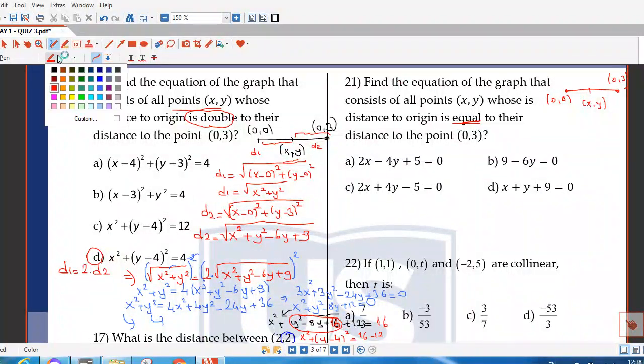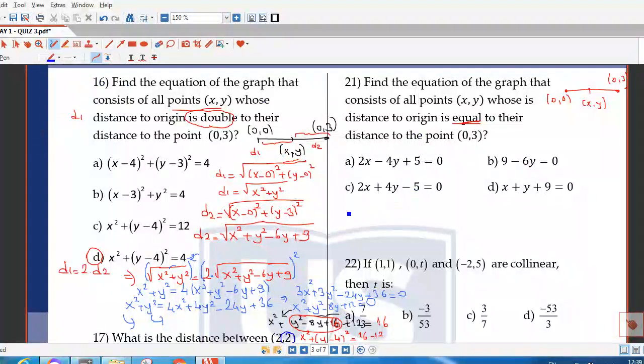I am going to use the logic of question 16. First of all, I have to find the distances one by one. D1 is going to be the distance between the origin and the point x, y, and the distance from x, y to 0, 3 I can call D2.